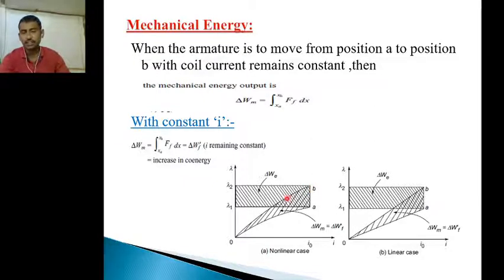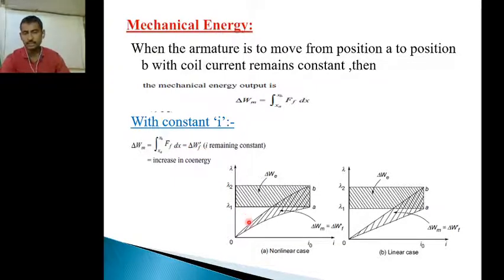If you consider these two diagrams and the constant I, that means the I value on the x-axis, then what is the energy? We have to consider the limits xa to xb, the integral of f dx, which equals delta of Wf dash.